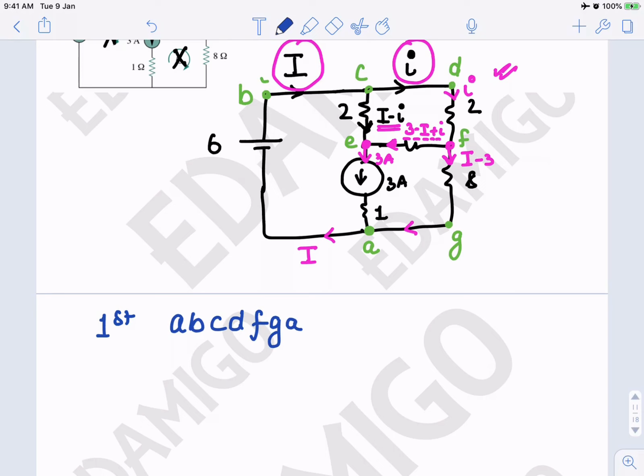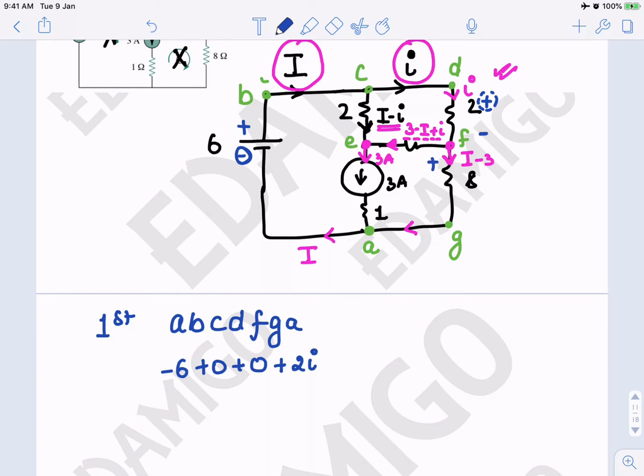So the outermost loop. A to B, we can see that I'm entering at the negative terminal, so minus 6 volts. B to C it is 0. C to D it is 0. D to F, since current is top to bottom, plus is at the top and minus at the bottom, so I'm entering at the plus terminal: 2I.